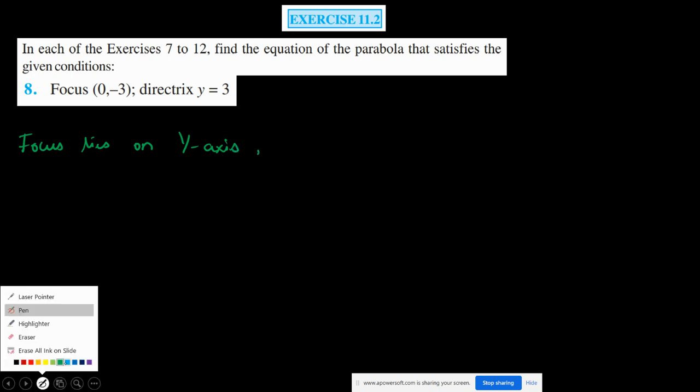Since the focus lies on the y-axis, your equation of the parabola can be x square = 4ay, or x square = -4ay. There are two possibilities. Now I have to find out which is going to be true.